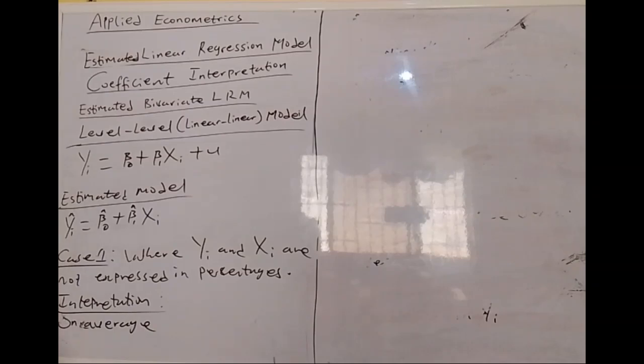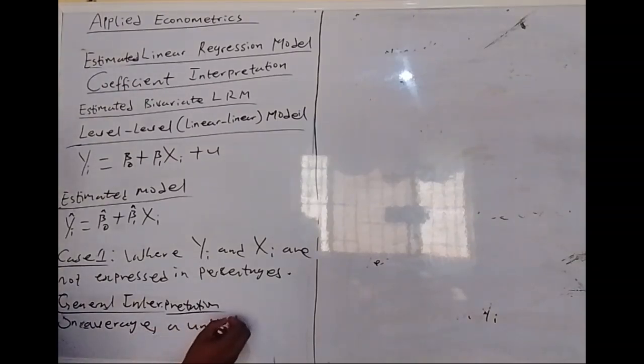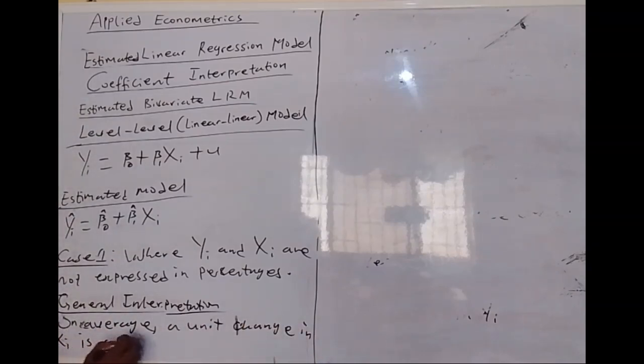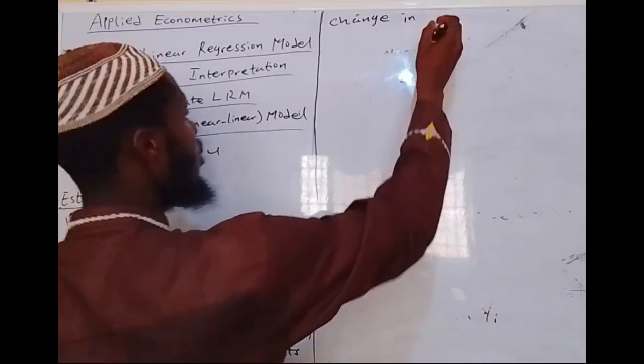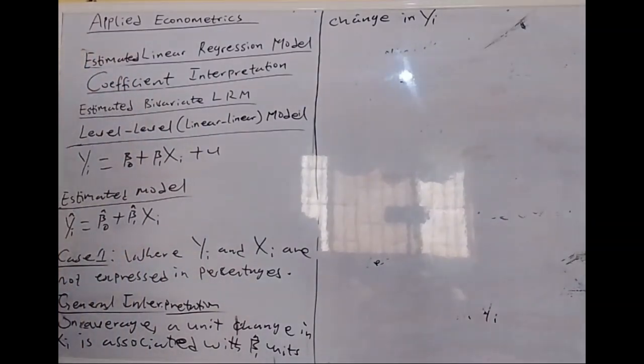This is the general interpretation: on average, a unit change in x is associated with beta 1 hat unit change in y. That is the general interpretation.